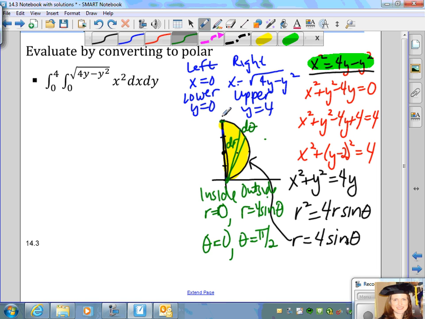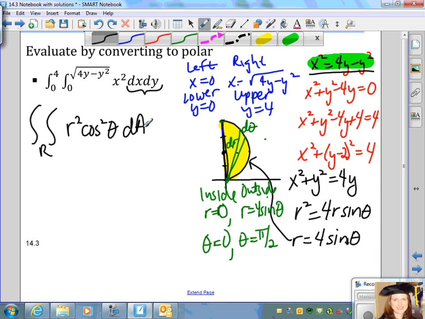So now we have our bounds, and then we're going to make the substitution inside of the integral as well. So this is going to be a double integral, and we're going to replace this x squared with what x is equal to. That's going to be r squared cosine squared theta. That's one of our conversion equations. And then we're going to replace dx with our differential area.